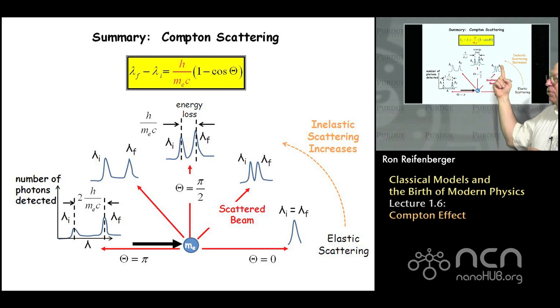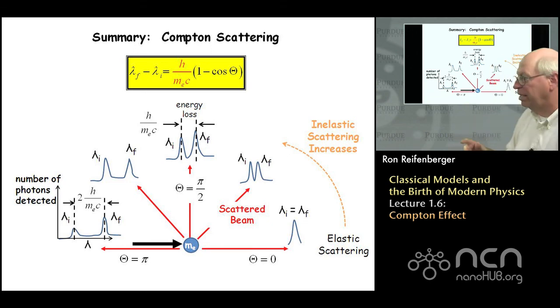If you start to measure the photons scattered at different angles, then the inelastic scattering increases, right? And the inelastic scattering is measured as the difference between the final wavelength lambda sub f and the initial wavelength lambda sub i. So I just schematically indicate how that separation increases. It reaches a maximum value, equal to 2 times Compton's wavelength, when the photons are actually backscattered from this electron.